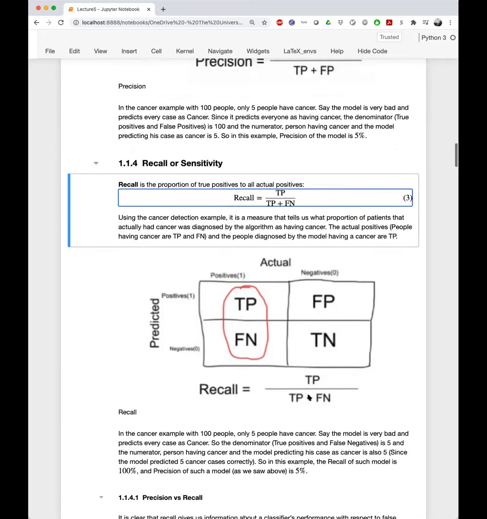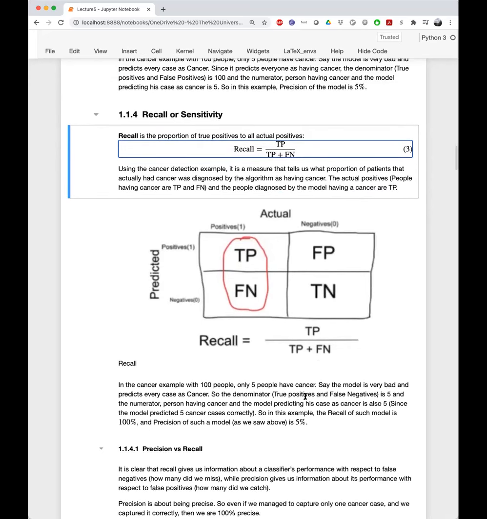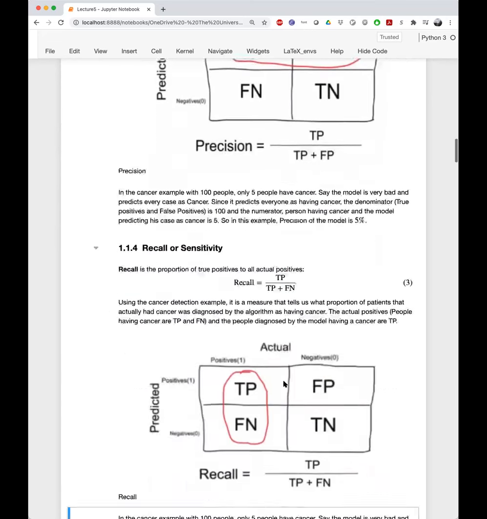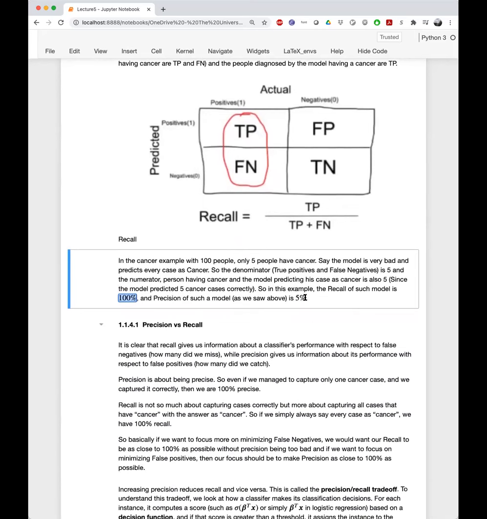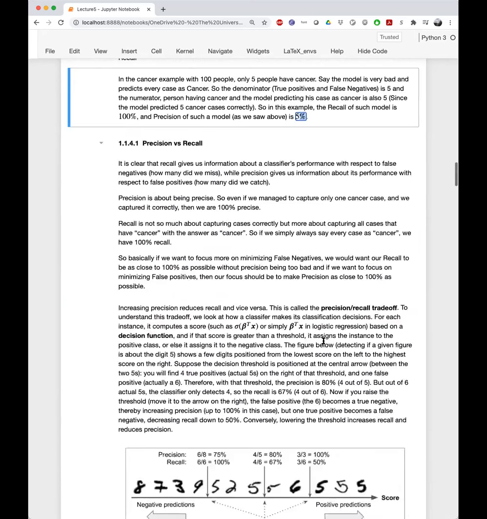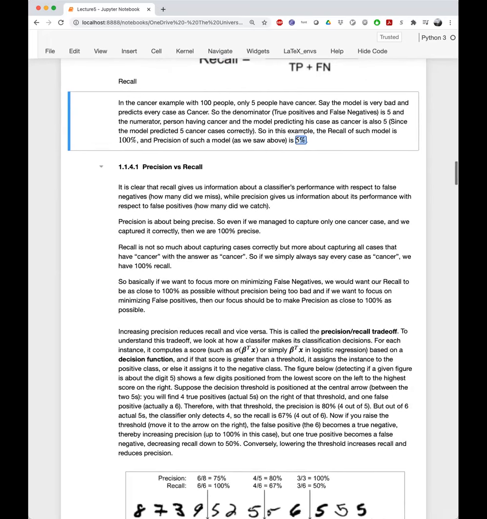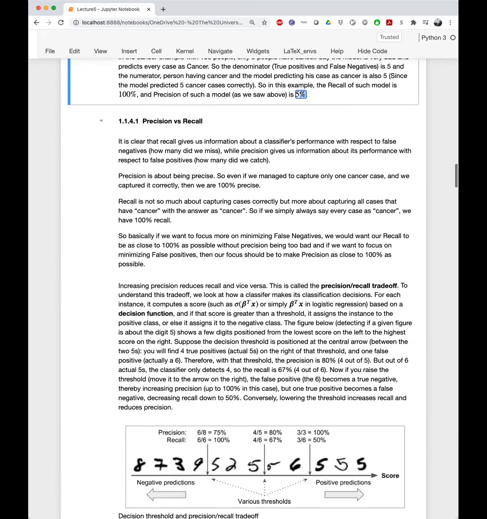Now you must wonder: the recall gives us a very good score, 100%, which is pretty high, and the precision gives us a really low score, 5%. How can we treat precision and recall? We'll look at the next topic, precision versus recall.